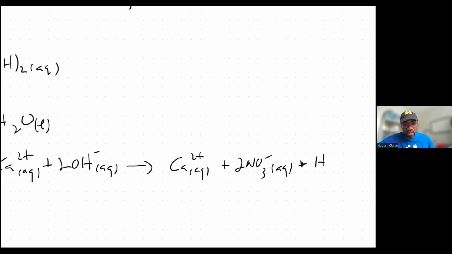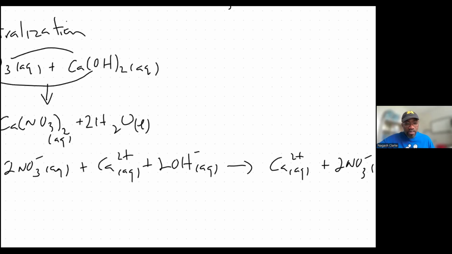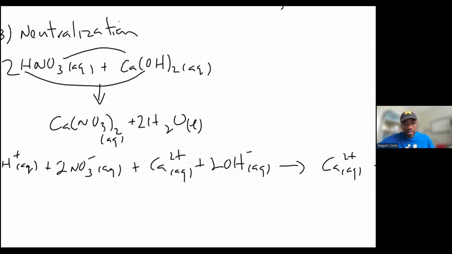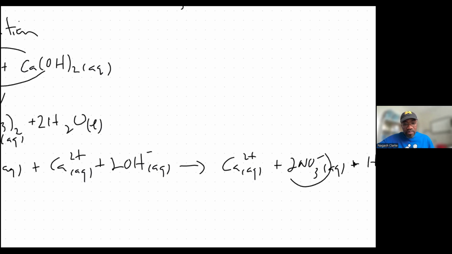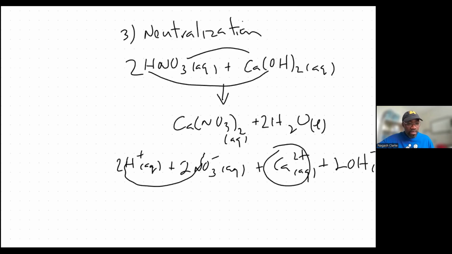Remember, water is a liquid that does not get dissociated. Now we're looking left to right. What are our spectators? Clearly the calcium and the nitrates. So we circle them.